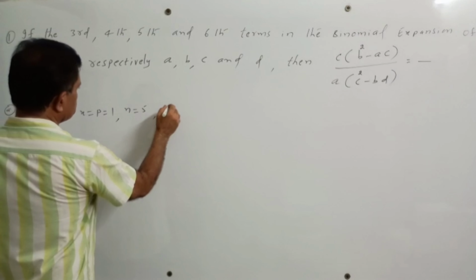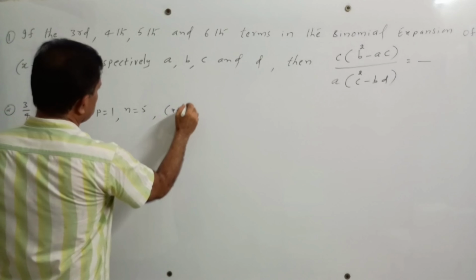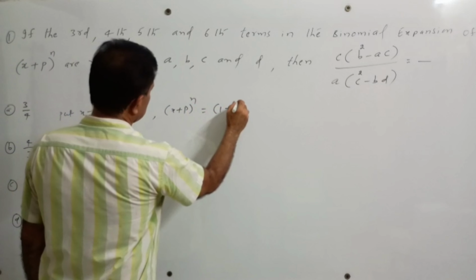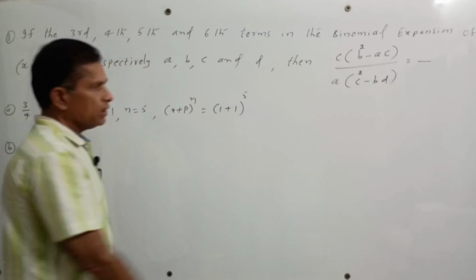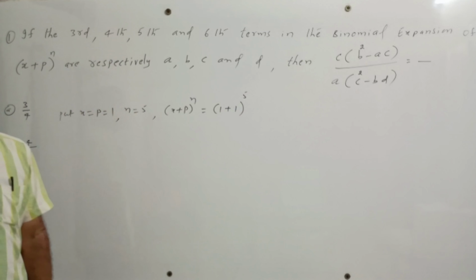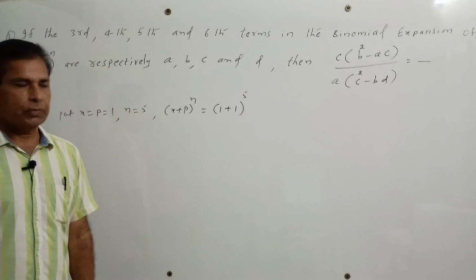Then you consider (x + p)^n. So I took x = 1, p = 1, n = 5. So the given expression becomes (1 + 1)^5.